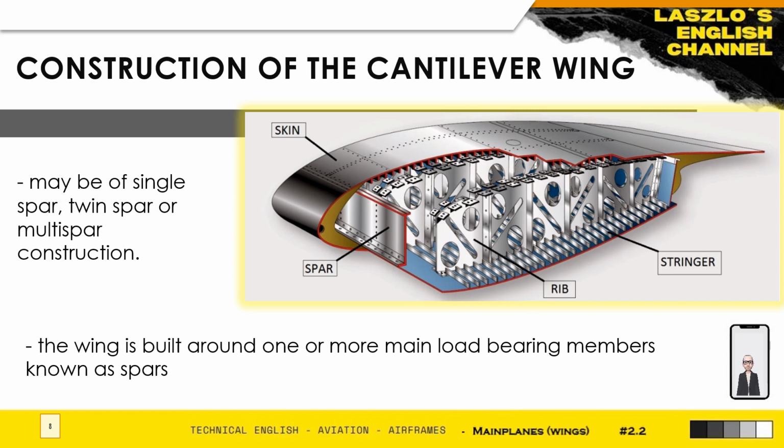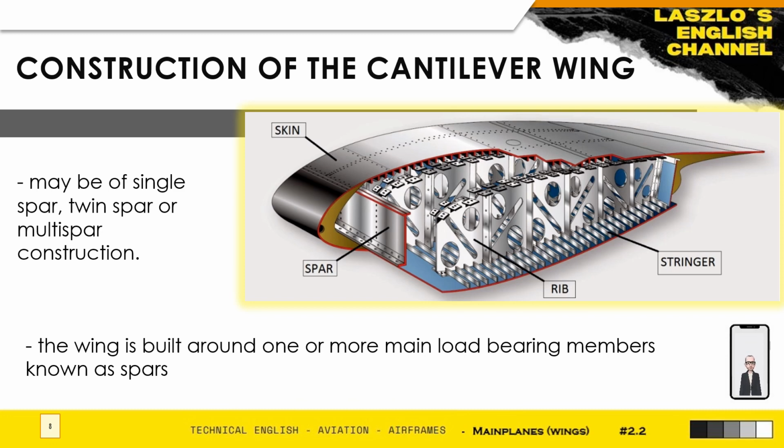Okay, now the skin of the cantilever wing helps to bear the loads as well, and it generates direct stresses in a span-wise direction as a response to bending moments and also resists twisting here as well. The stringers are also span-wise members, which will give the wing rigidity by stiffening the skin in compression.